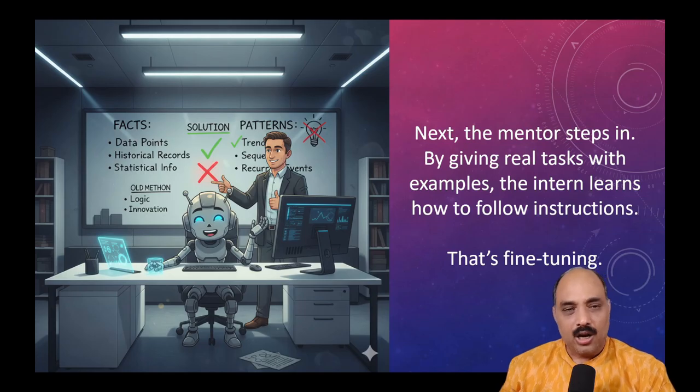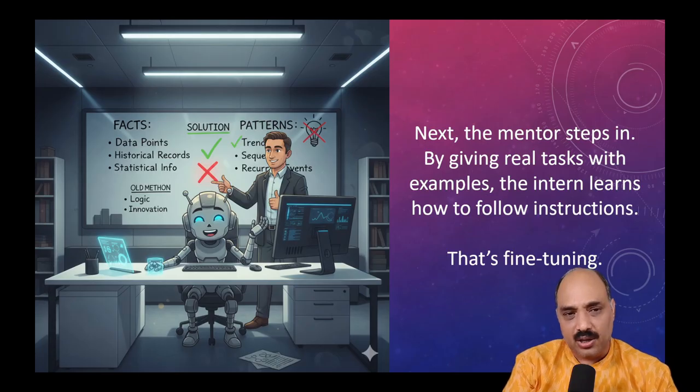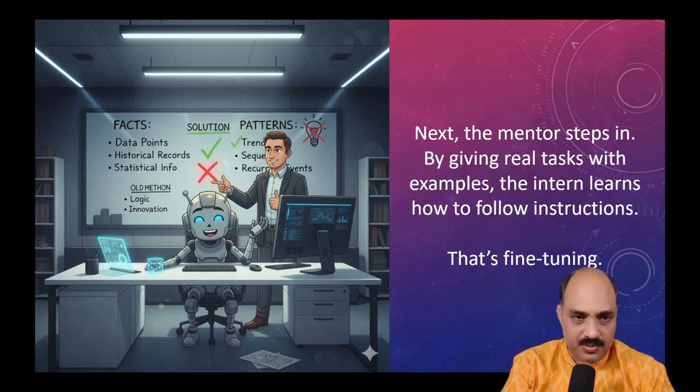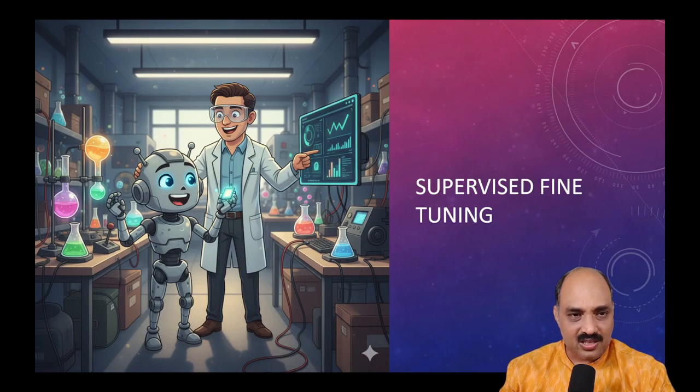Now that the mentor has shown him enough examples and all, what they do is subject Chitti to a real supervisor. The real supervisor in this case is a mentor.